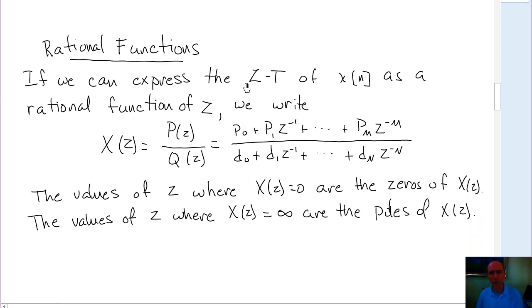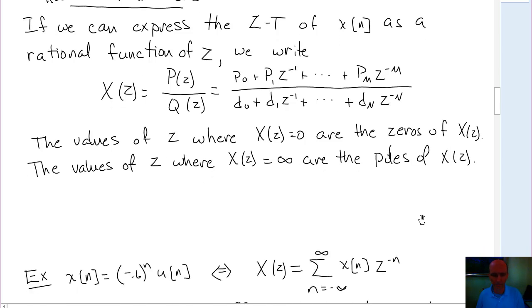Now, if we can express the z transform as rational functions of z, in other words, we have a polynomial of z in the numerator and another polynomial of z in the denominator, this is what we're going to call rational functions of z. Now, two other definitions. The values of z where x of z is equal to 0 are called the zeros of our transform. The values of z where this is infinite are called the poles of x of z.